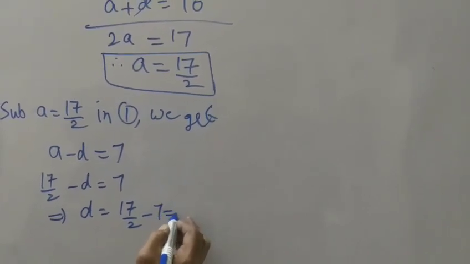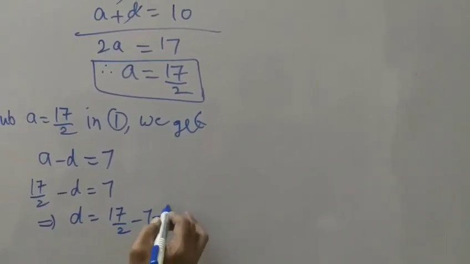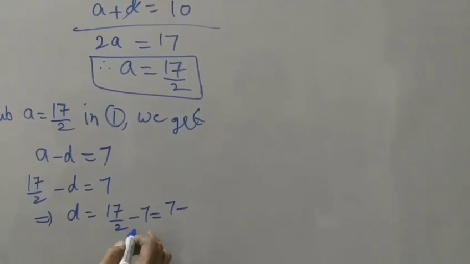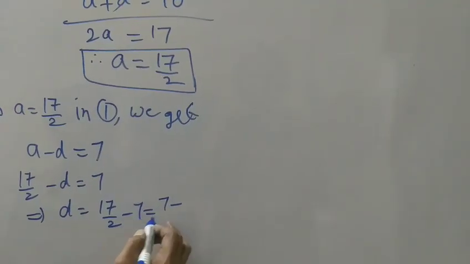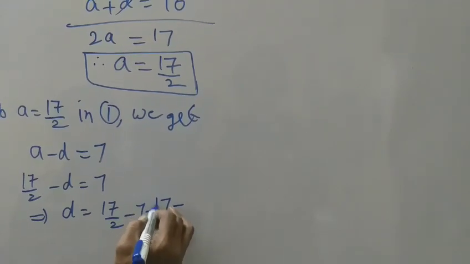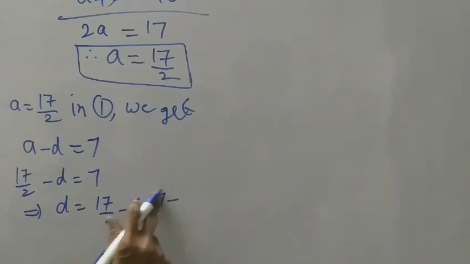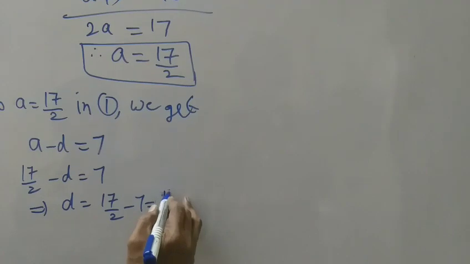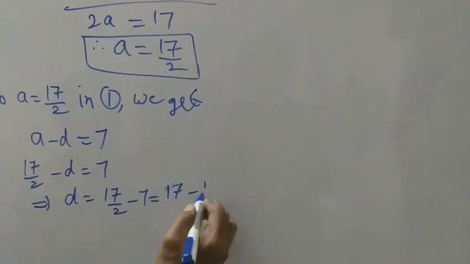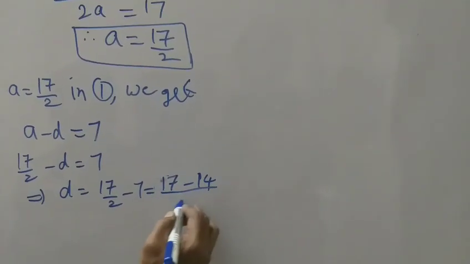This becomes 17 minus, the LCM is 2 here. 2 7s are 14, so 17 minus 14 by 2.